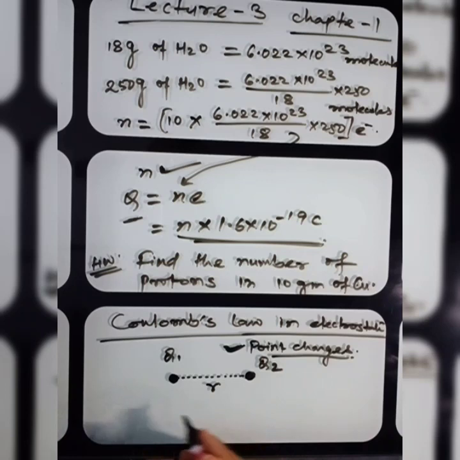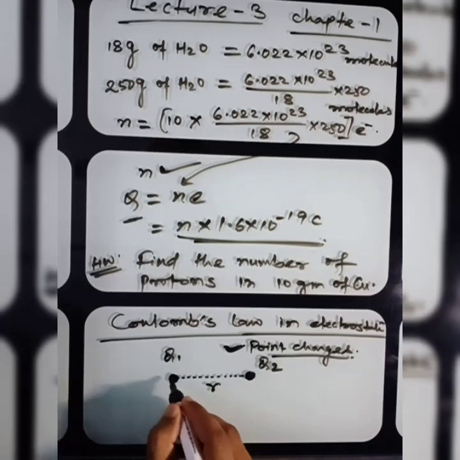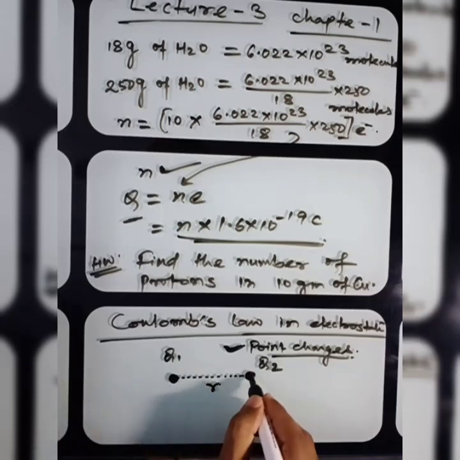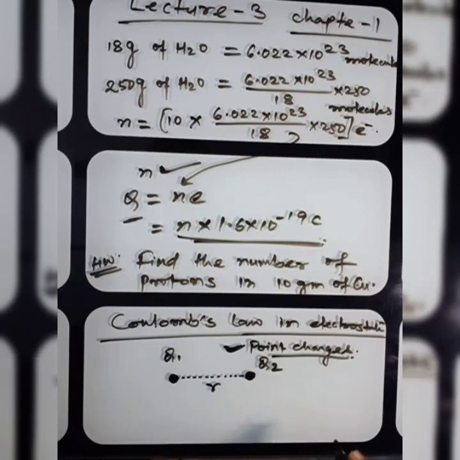So the force of attraction or repulsion according to Coulomb, with this distance r, remember it is from the center of the two bodies, that is the center of mass or the center of the two bodies. The force of attraction or repulsion is directly proportional to the product of charges, and it is inversely proportional to the square of separation between the two charges.